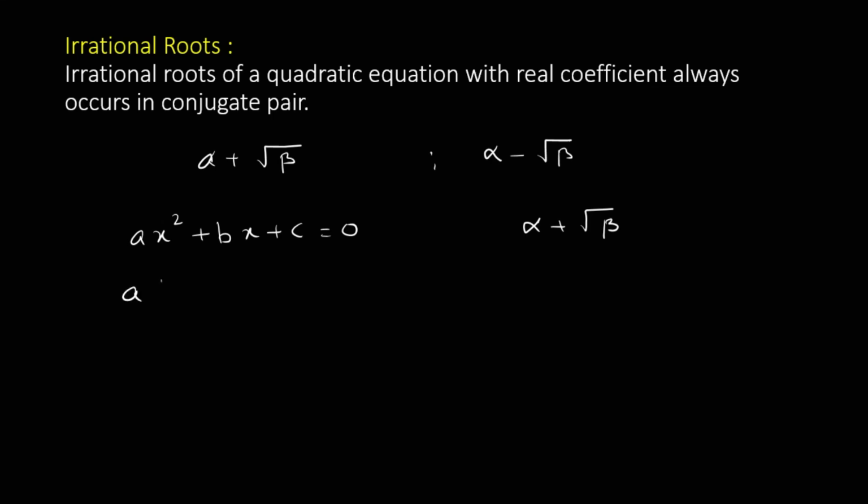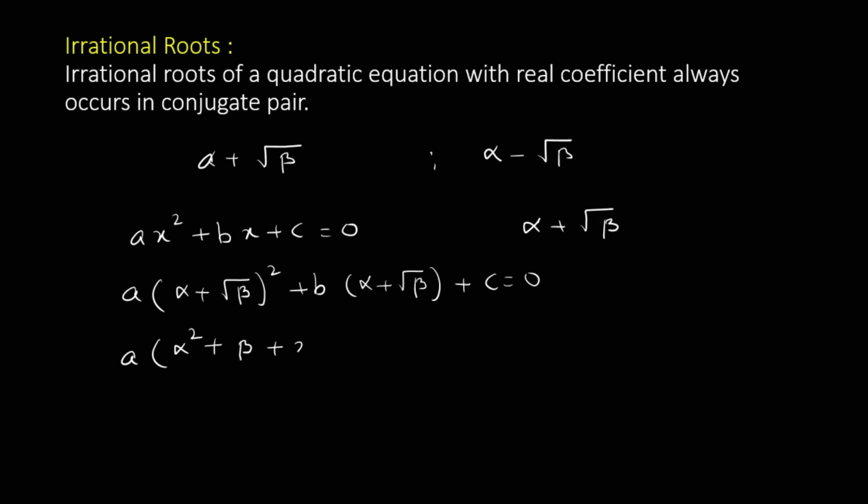So we can write here a(α + √β)² + b(α + √β) + c = 0. On simplification we can write it as a(α² + β + 2α√β) + bα + b√β + c = 0.